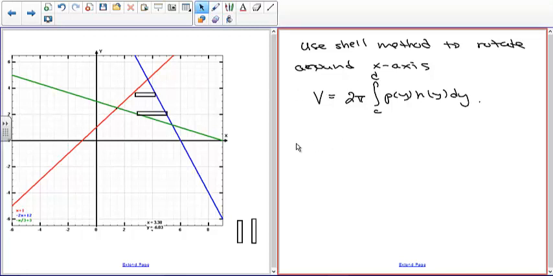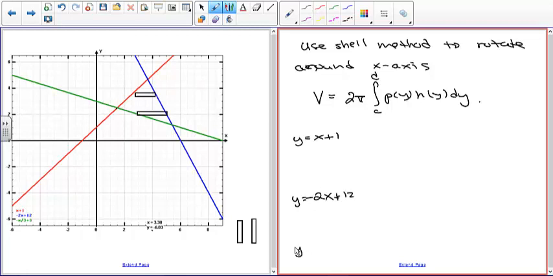The three equations were y equals x plus 1, y equals negative 2x plus 12, and the third one was y equals negative 1/3 x plus 3. So this one's easy. To solve in terms of y, x is equal to y minus 1. All I did was move that to the other side. So go ahead and solve these other two equations for x.